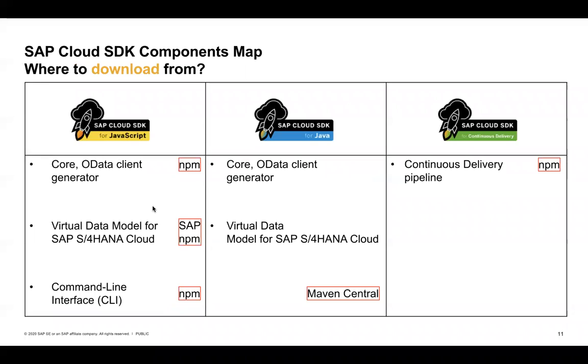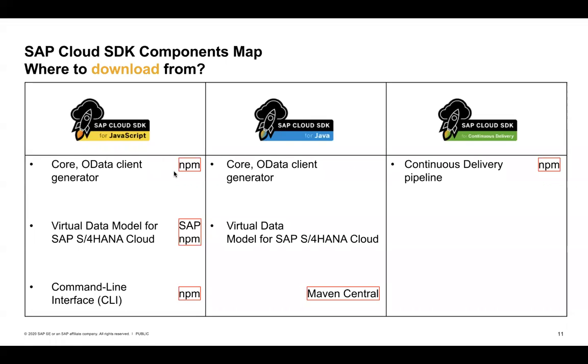All right, this is the same picture, but from a point of view of the developer that doesn't care where the component is developed, but is asking himself or herself where to get the component from. And again, here we see the different sources that developers can use to consume the components.